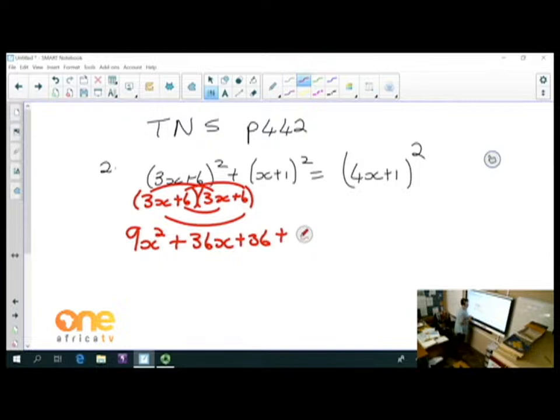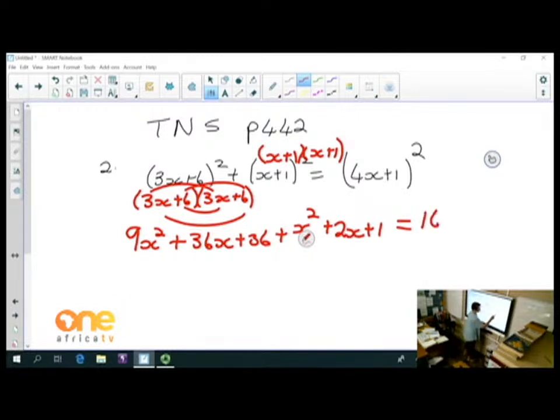Now I'm taking this one, so it is x plus 1 times x plus 1, which is x squared plus 2x plus 1, is equal to, on this side, 16x squared. Remember, there's another 4x plus 1 there, plus 8x plus 1.